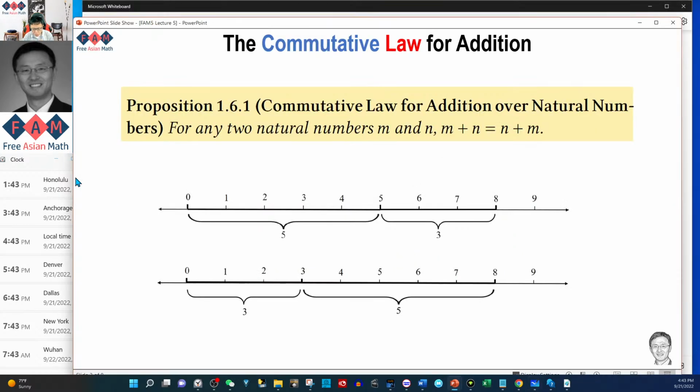Well, remember when we defined our natural numbers, we assumed 4 axioms, right? Namely, we have 0. We assume that's a natural number, and it serves as the starting point of our counting process.